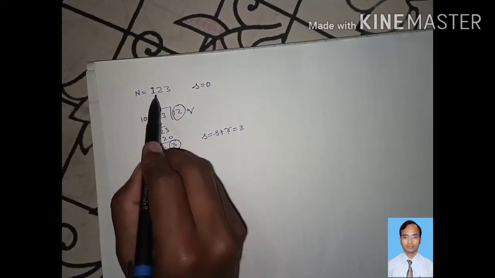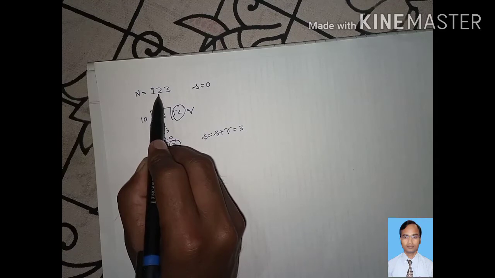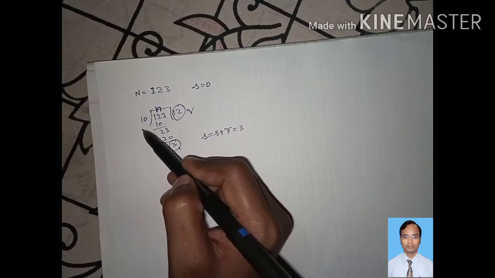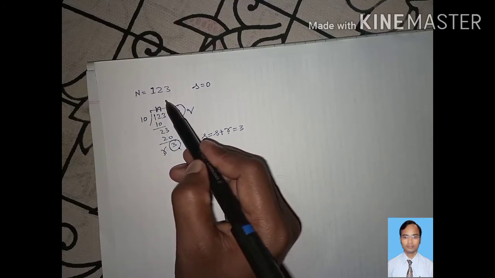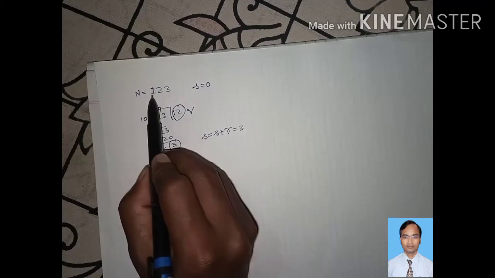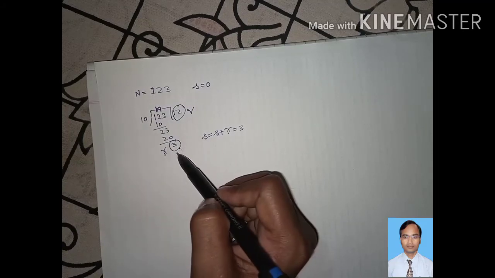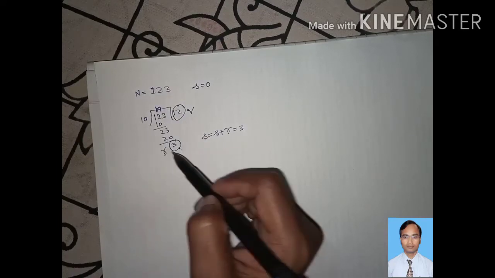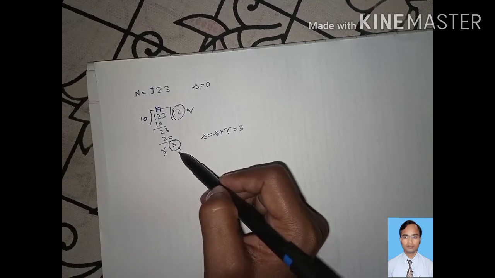Again I want to separate the next digit, that is 2. If I perform n mod 10 again, we have 3 again. Why? Because 123 divided by 10 gives the remainder 3.